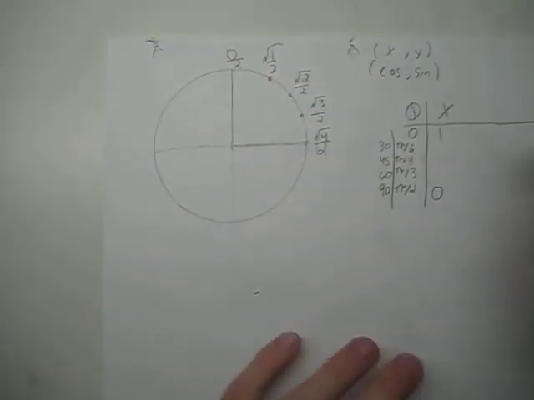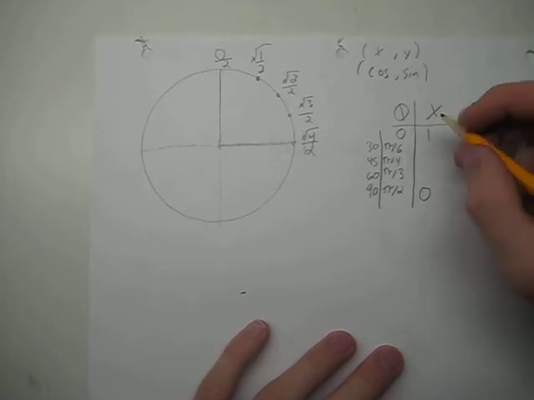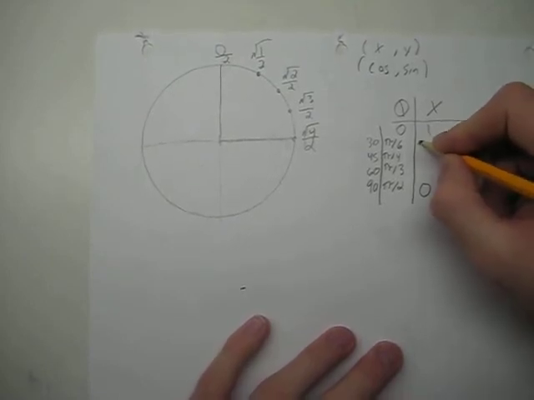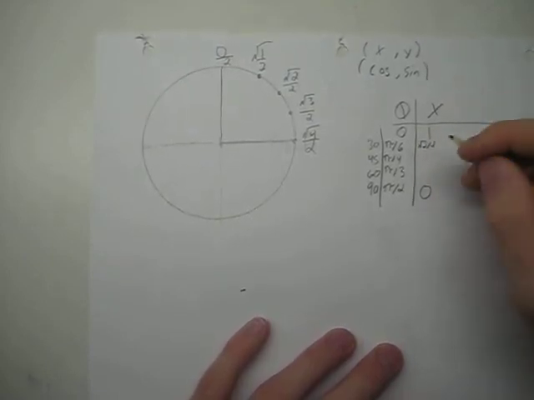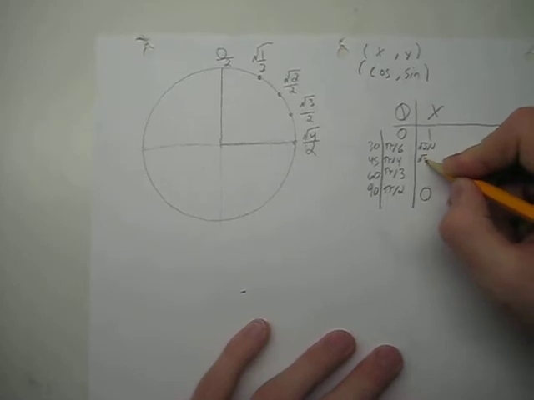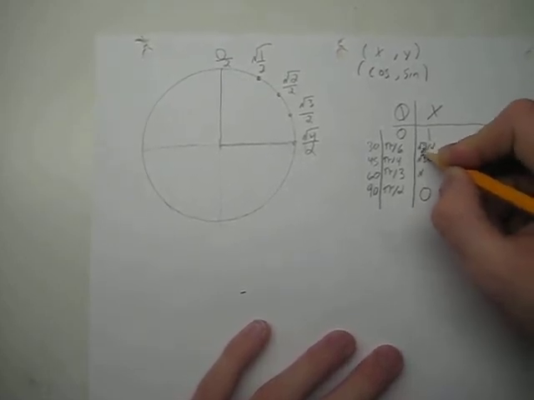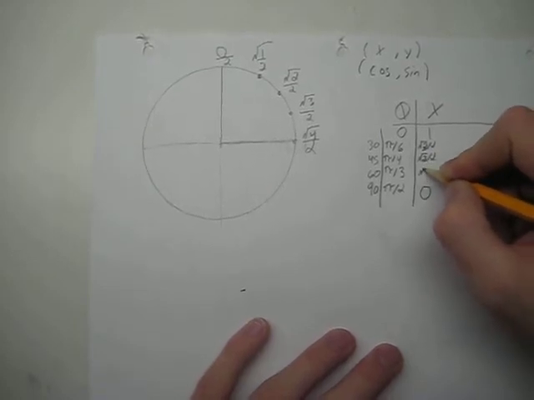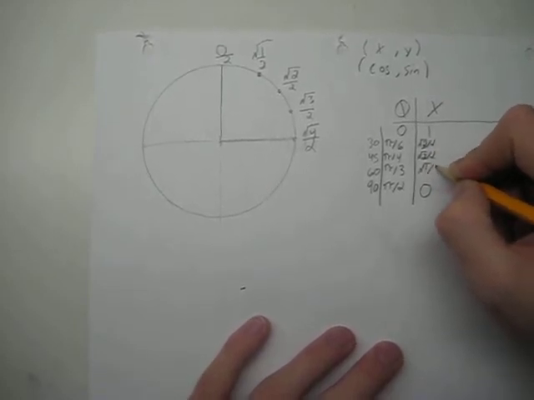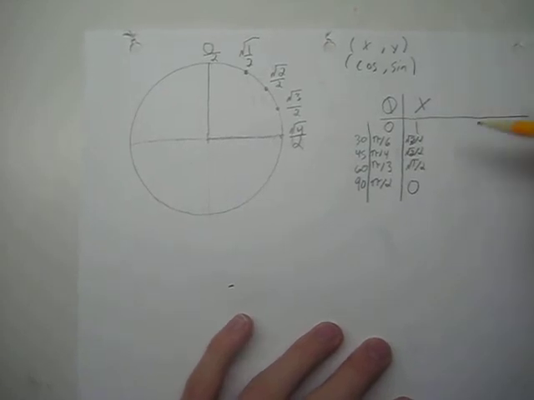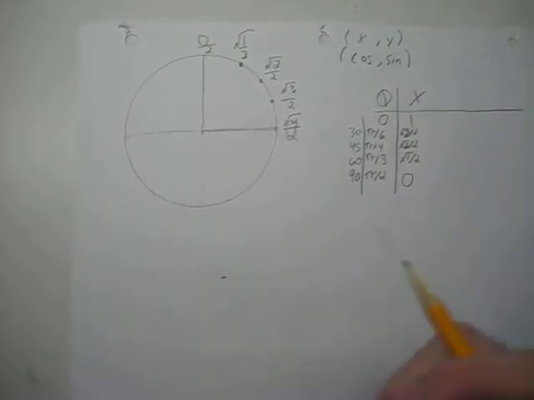Okay? So I would plug this in over here. So square root of 2 over 2, square root of 3 over 2, and 1 over 2. And you can make this chart to help you memorize it.